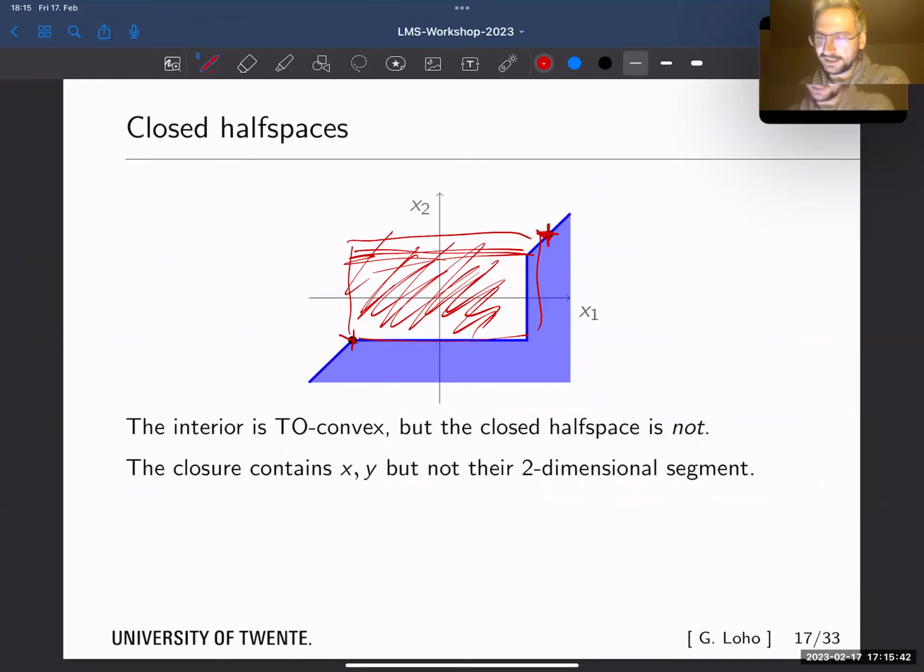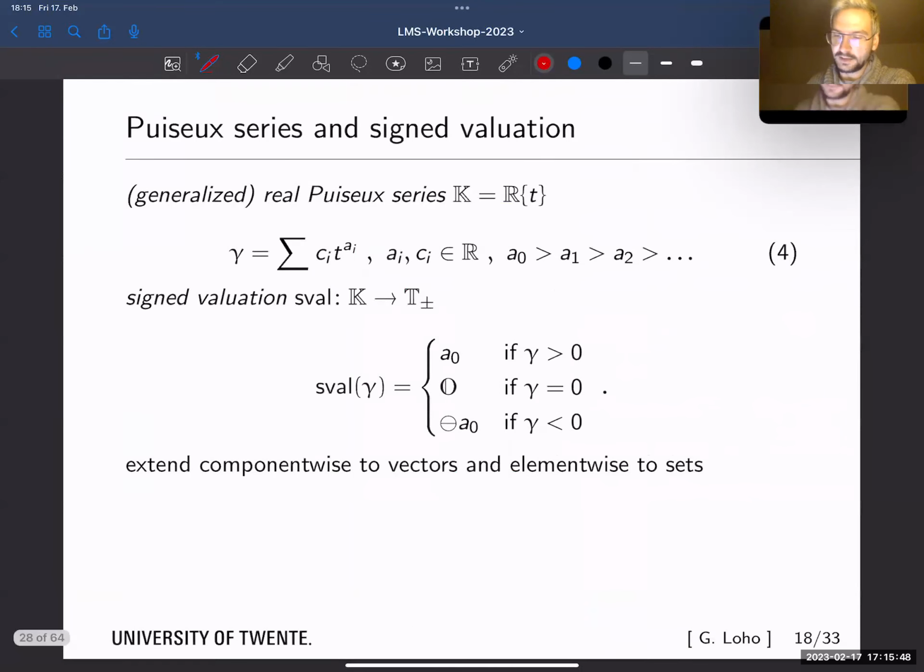Yes, but actually closed half spaces are a very natural object when we want to think about separation. And I want to also motivate this from the Puiseux point of view or valuation point of view. We already were talking about tropicalization of varieties today. So I just thought I'd put one slide about Puiseux series and sign valuation.